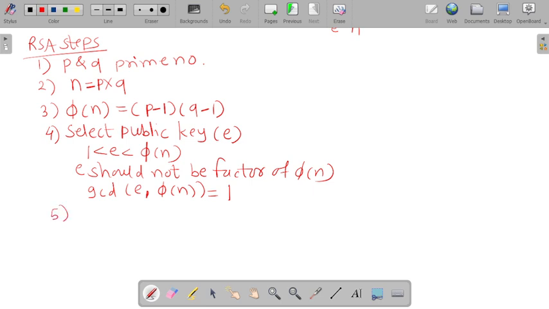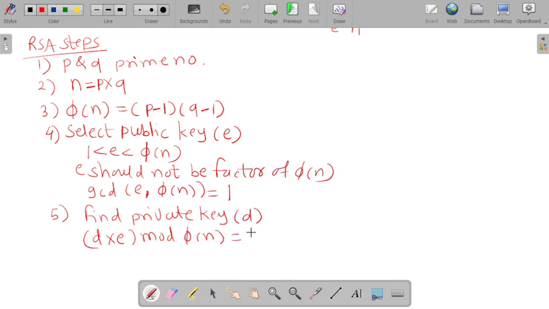Now the fifth step is, we have to find the value of our private key. And your private key, that is D, how we can calculate? D into E mod phi of N is equal to 1.